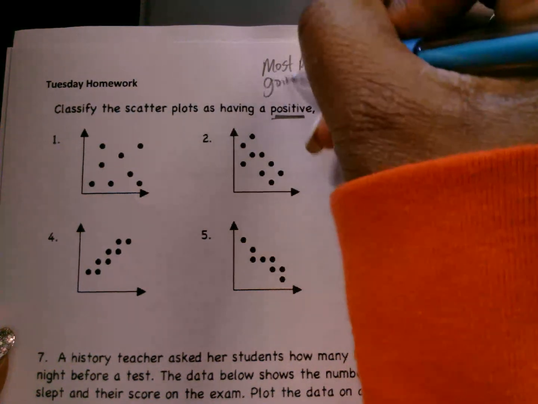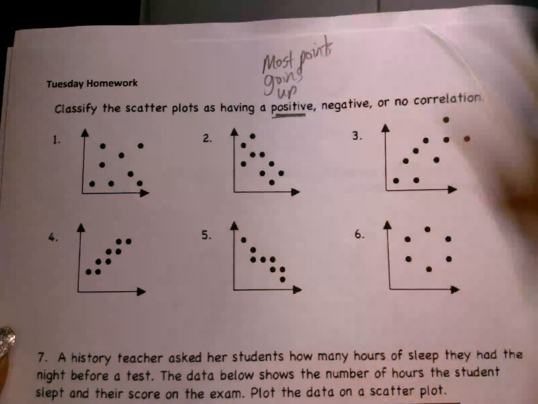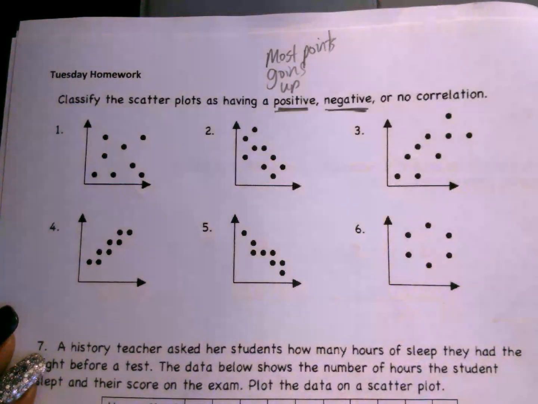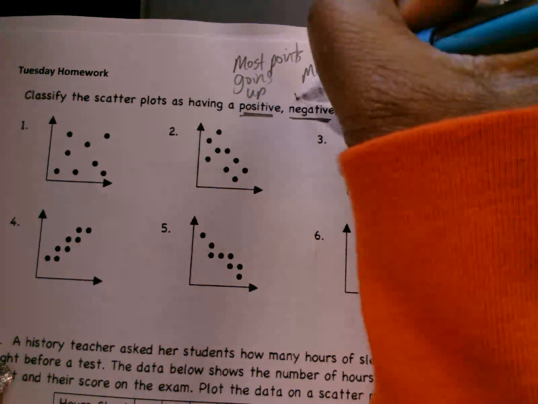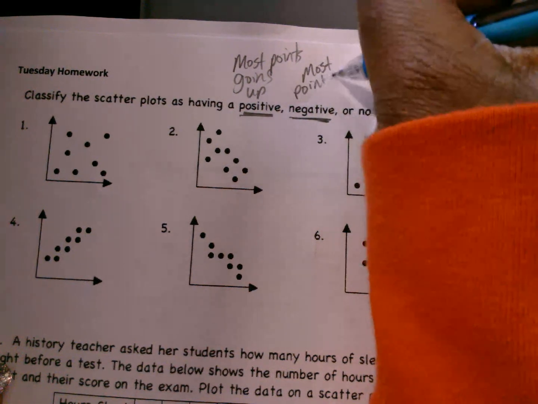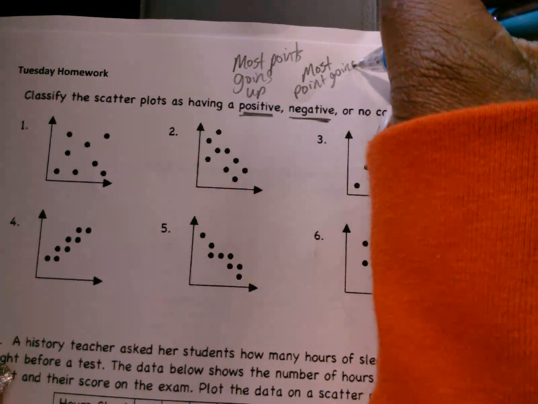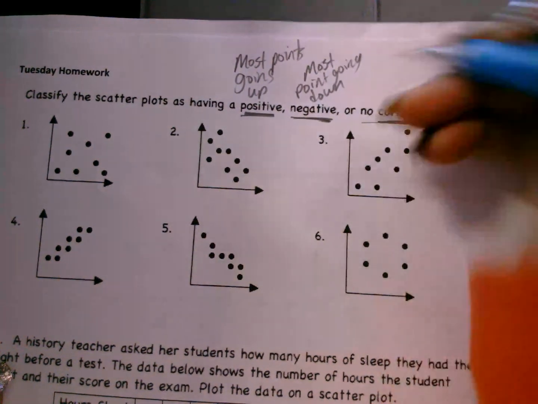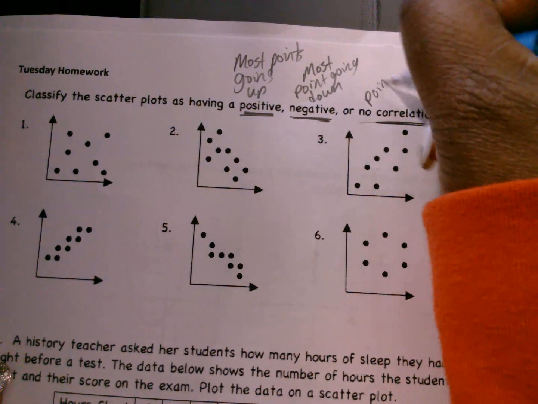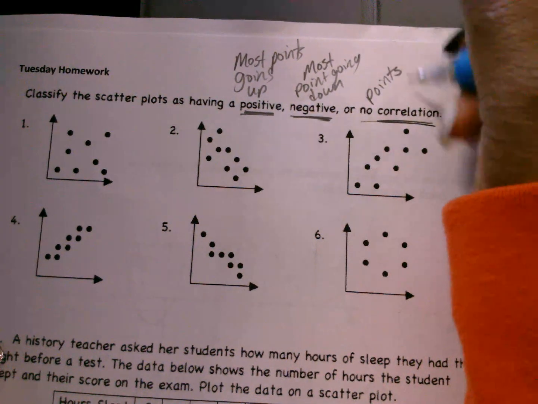If it's a negative relationship for the scatter plot, most of the points are going down. And if it's a no correlation, that means the points are everywhere. You can't tell if it's going up or down.